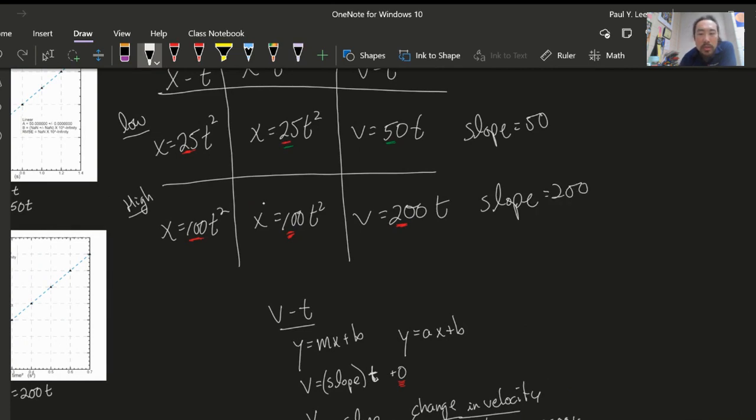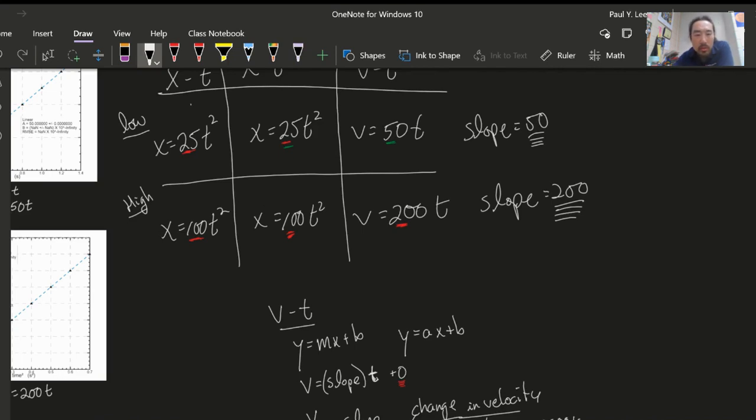So what this shows us is that the high incline made it so that the ball sped up by a higher amount with every passing second, and the low incline sped up with a lower amount of velocity for every passing second.